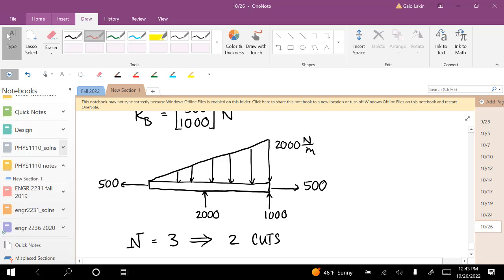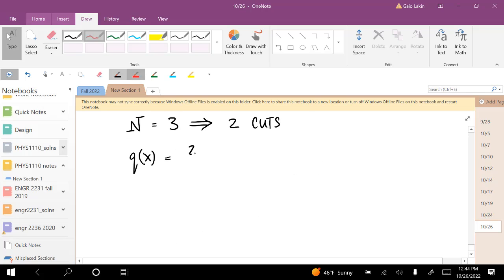So the slope is 2,000 over 3, which I guess is 666.6s. And the y-intercept when x is equal to 0 is 0. So that Q of x is positive 2,000 over 3, or 666.67, times x. It's a linear function.